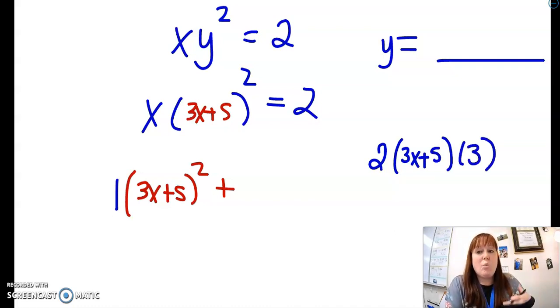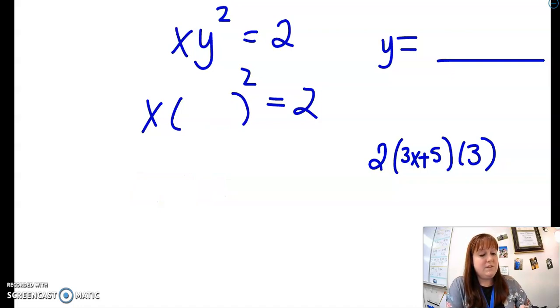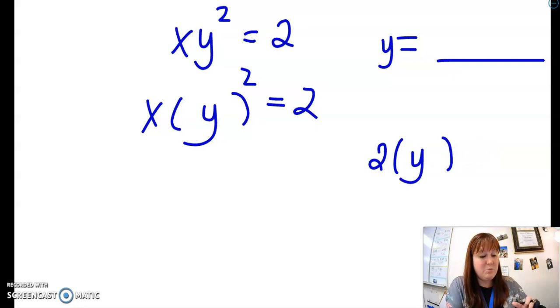So now, what if I don't actually know what the inside function is? What if this is just some function of x, like y? Well, anywhere that I had 3x plus 5, I'm just going to have y, right? And then I had the derivative of that inside function, which was 3, but we don't actually know what the derivative of this inside function is.